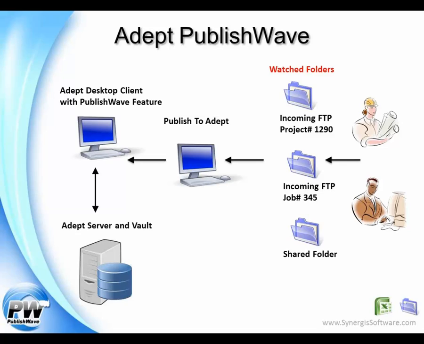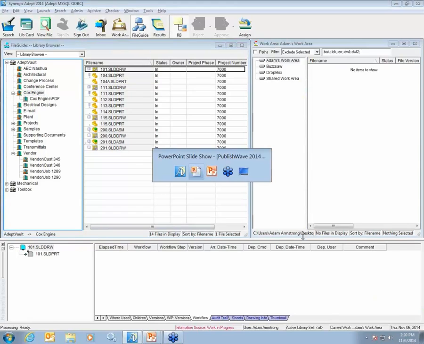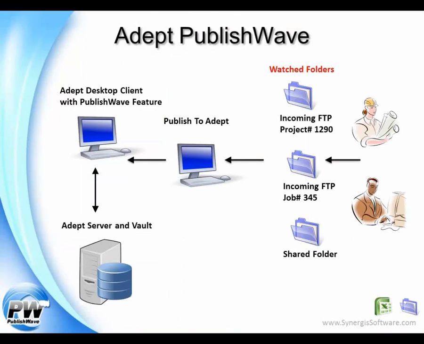So when documents arrive in those watch folders, again, any document type, they're published through PublishWave and the Publish to Adept feature and signed back into Adept. So think about different job or project folders or just shared folders on your network where non-Adept users can drag and drop files. So how would that look from the Adept point of view when files arrive from those different watch folders? Let's take a look at that in depth. Actually, let me minimize this for you here.